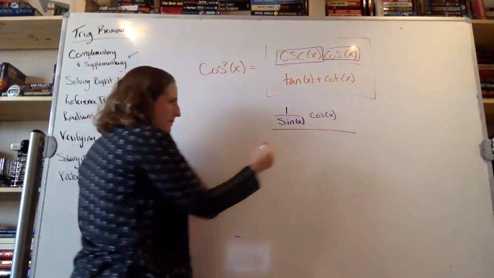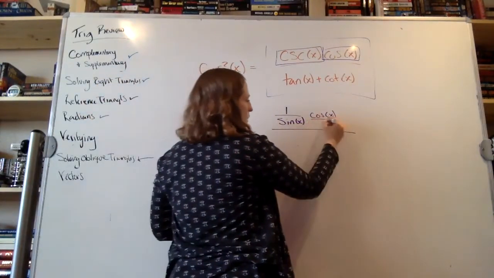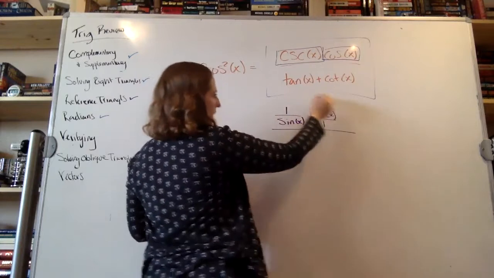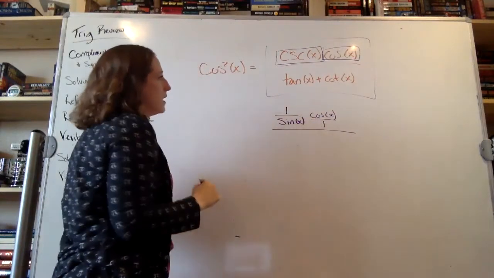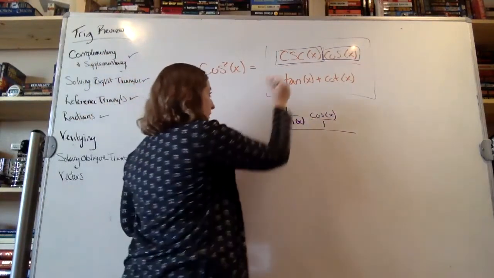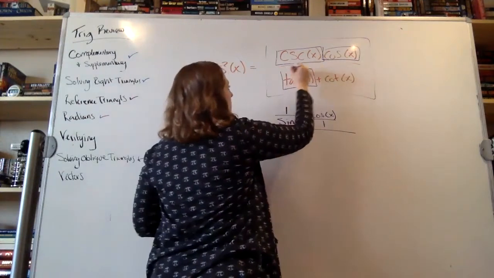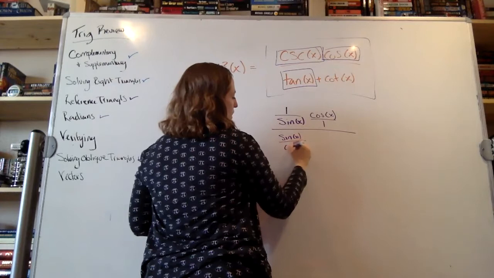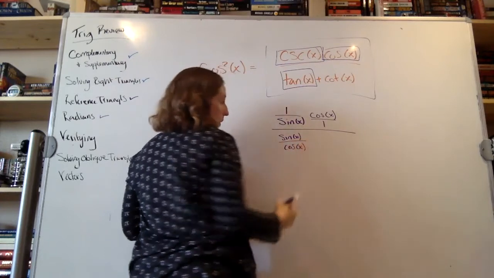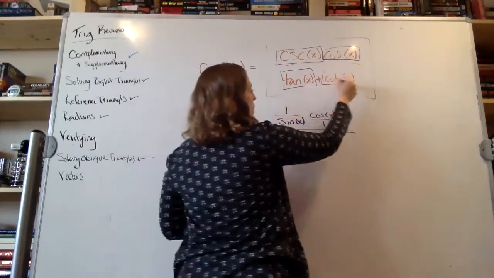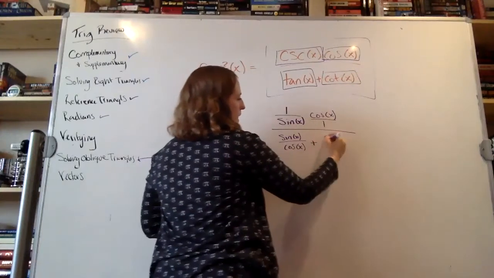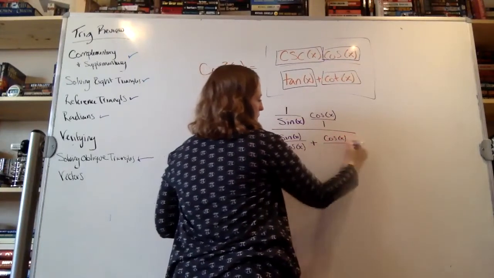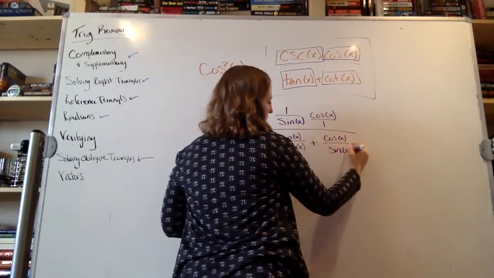If it helps, I may want to think of cosine as cosine over 1. That's just going to let me see how I can combine things easier in the numerator. On the bottom, I have tangent. Tangent is sine of x over cosine of x. That's a quotient identity. Cotangent is cosine over sine, also a quotient identity.